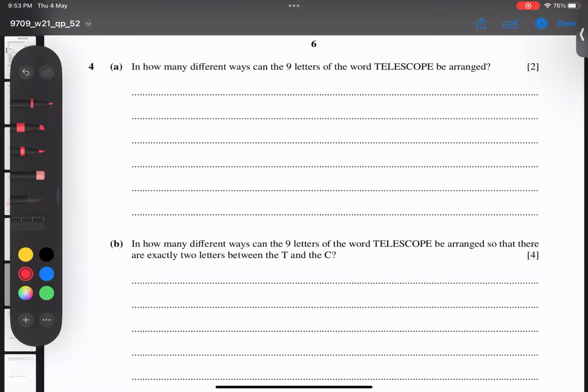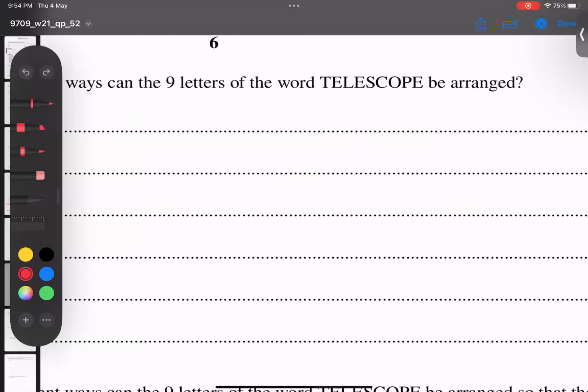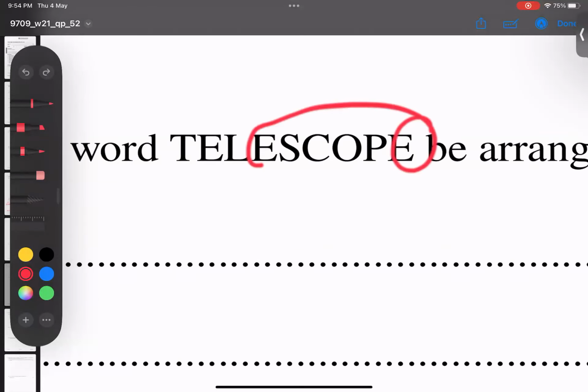So the question is here: how many different ways can the 9 letters of the word telescope be arranged? So the key idea is arranged. Arranged means whenever it comes, order is important. Second, when alphabet or digit questions come, mostly order is important. So what this method is saying: 9 letters, but if you concentrate here, there are 1, 2, 3 E's repeating. 3 E's.